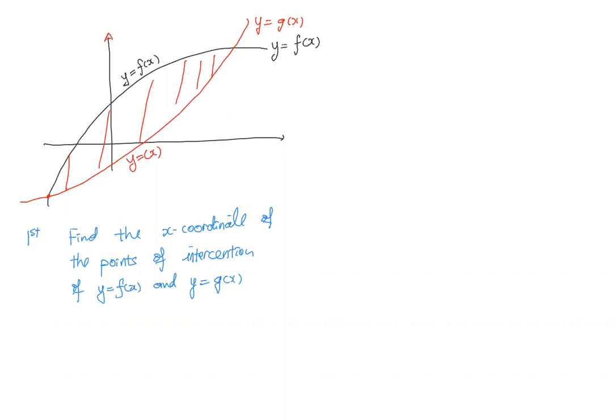After you have the points of intersection, for example, I name this A and name this B.